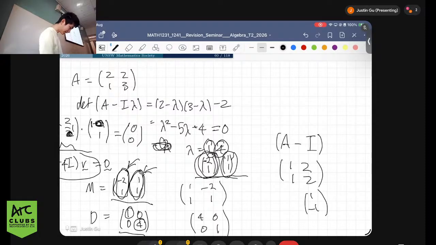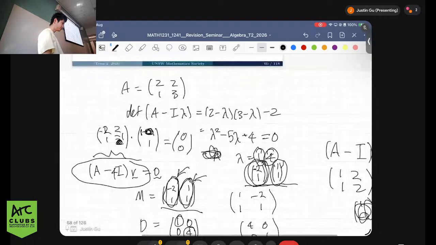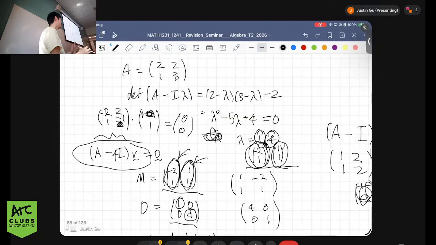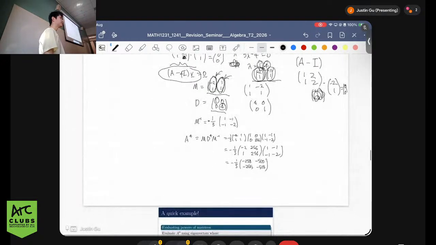Huh? Oh, sorry, negative 2, 1. If I multiply that by the matrix, then I get 0, 0. So this would be the eigenvector corresponding to 1. You do that for each other eigenvalue, find an eigenvector for that, and that's how you make your M. Okay, any other questions? No?